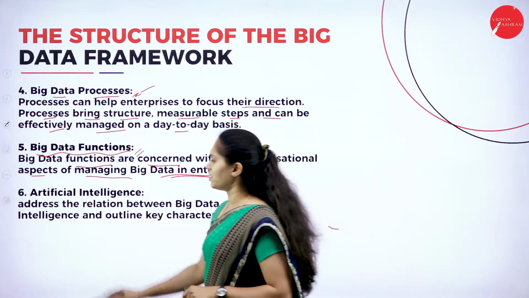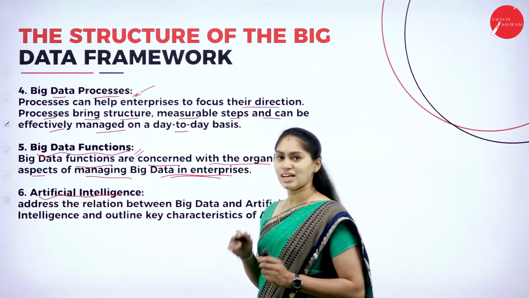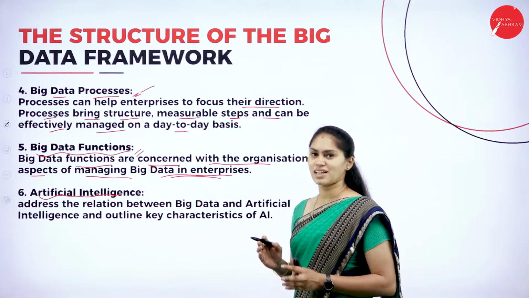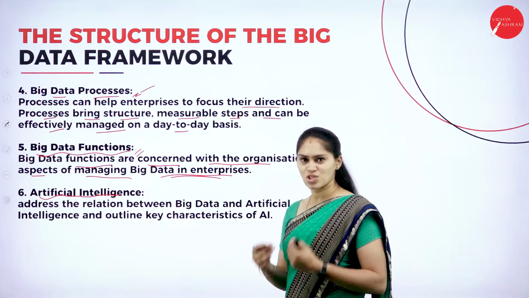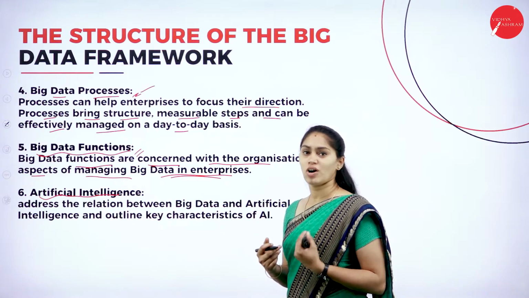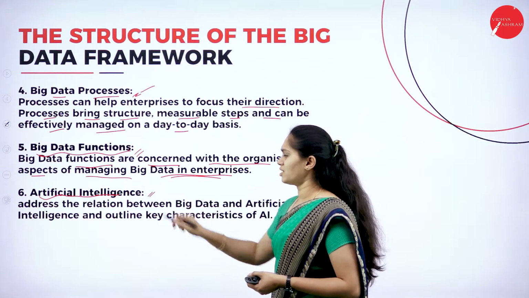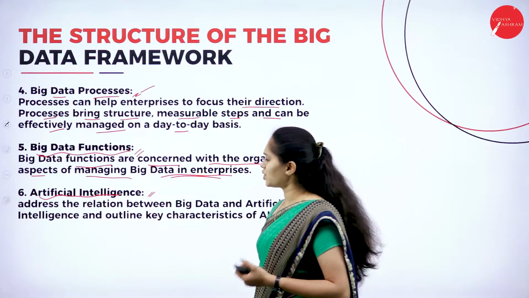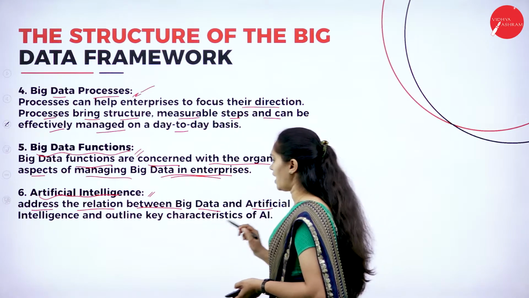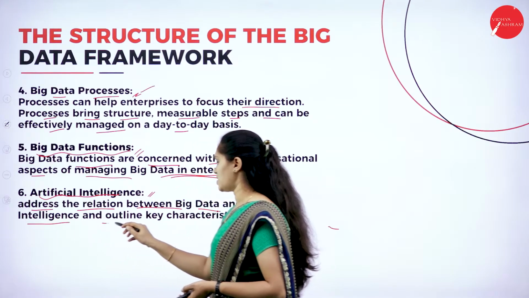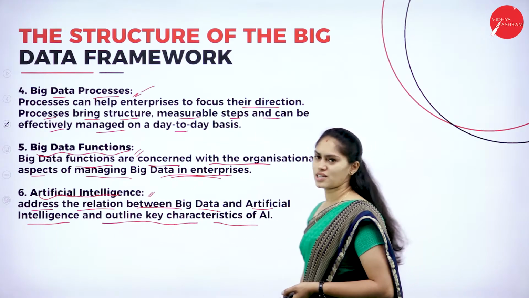At last, we have artificial intelligence, a current trend in the market. We are making a computer behave like a human. It has to get the data and think on its own. That is what artificial intelligence is all about. This addresses the relation between big data and artificial intelligence, and outlines key characteristics of AI.